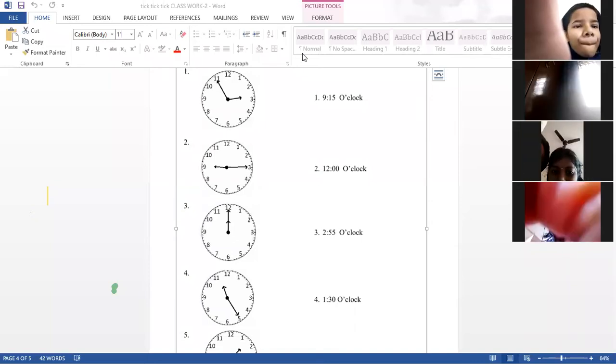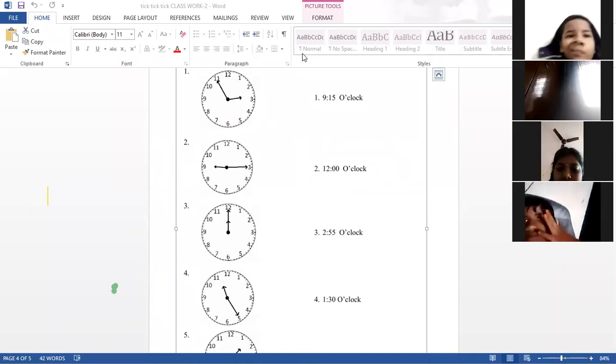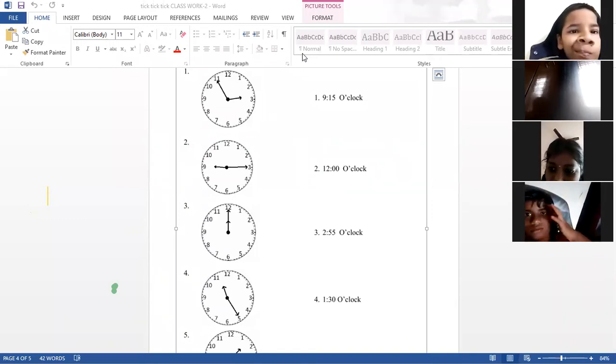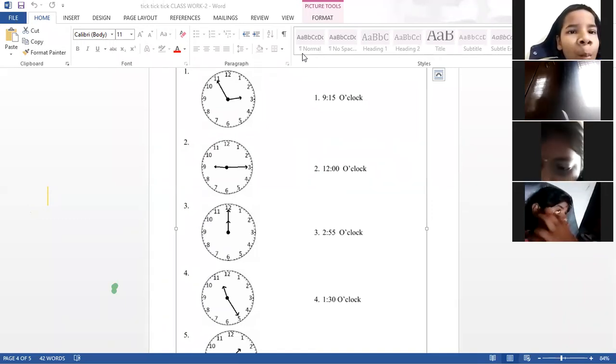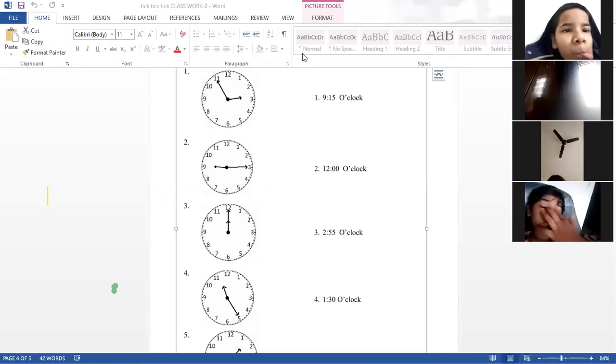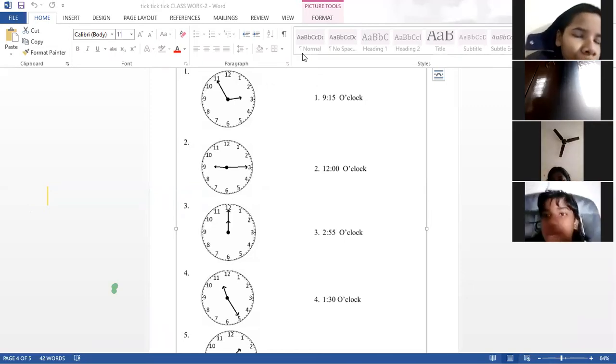Next, the third one is 12, not 9. That is exactly 12 o'clock. The hour hand and minute hand are both at 12 only, so it is 12 o'clock.